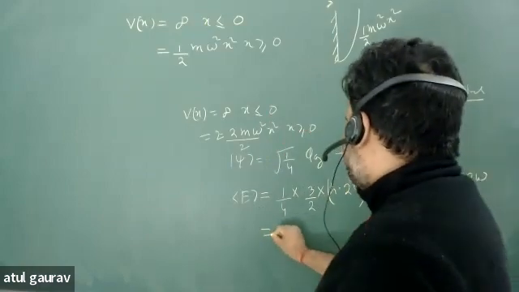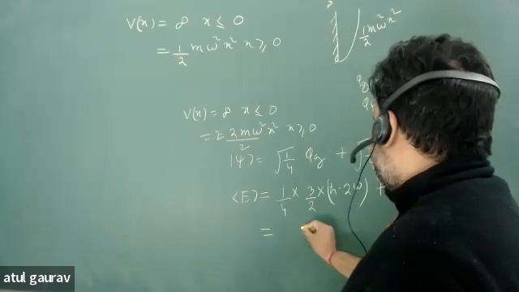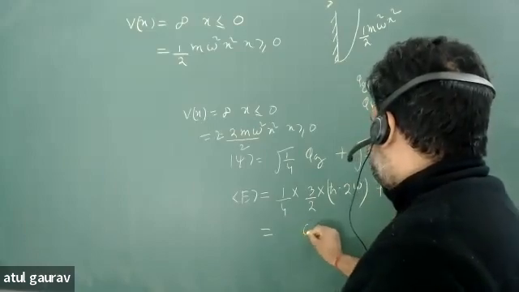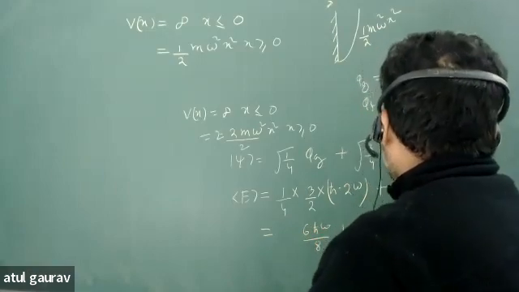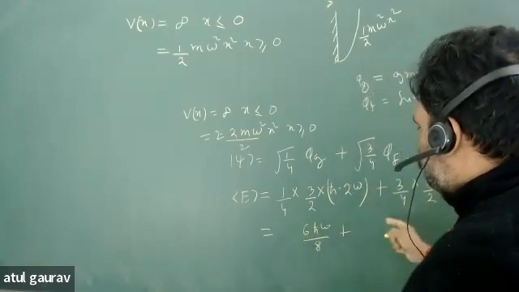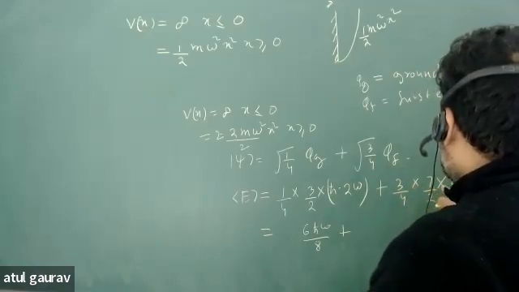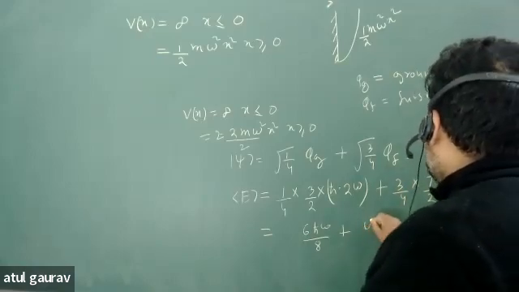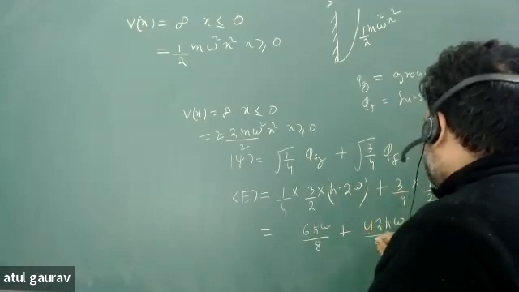So what will be the answer? 6 H cut omega by 8 plus that is 42, no? 42 H cut omega by 8.